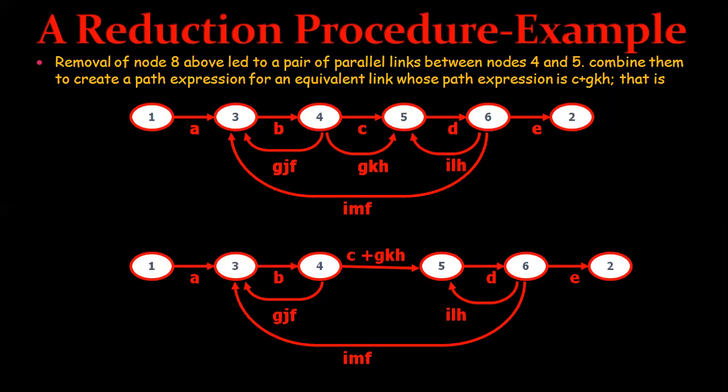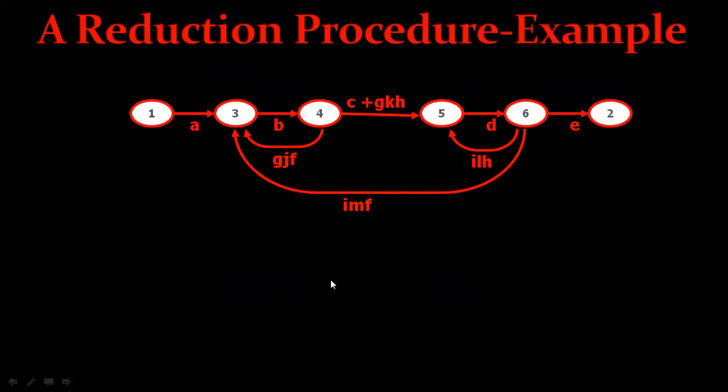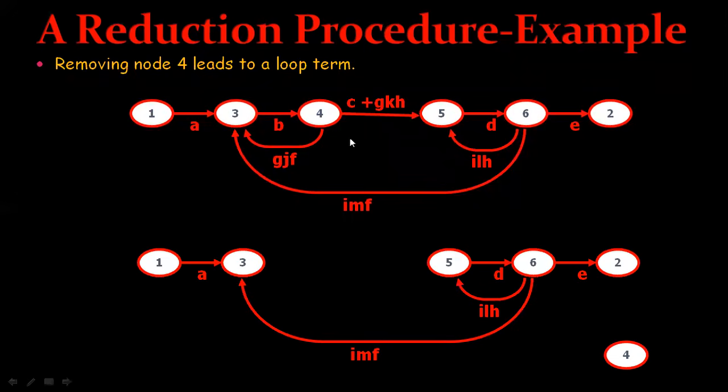Okay. Now we have to continue this process by applying the loop removal step. So now let me suppose that I am removing the node 4. So if I remove the node 4, then what is the procedure? So removing node 4. So here, see, I removed the node 4. So there is a link from 3 to 4 and from 4 to 5.